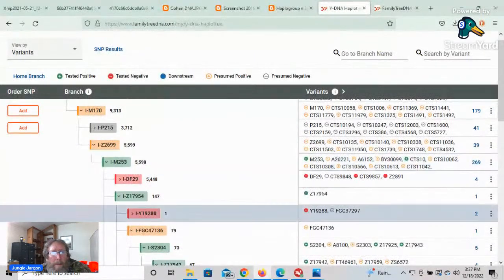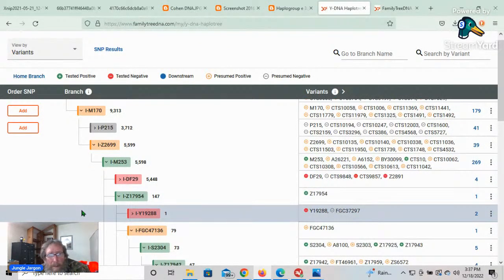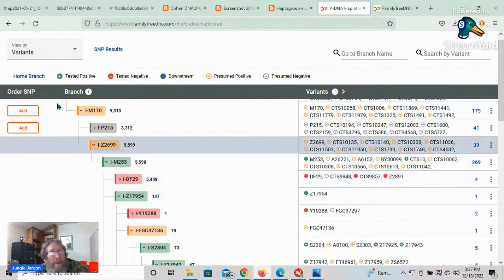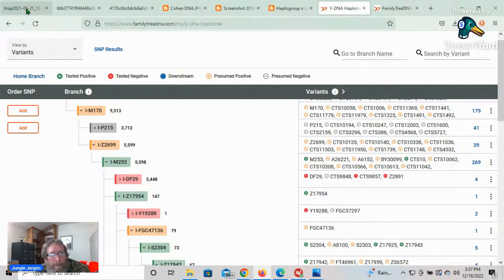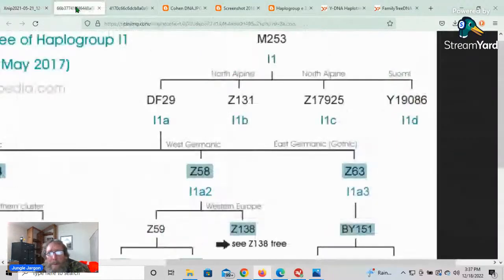And here's the M253, the Z1954, which is over here, right? 954. And there's another group here, Z179.25, Northern Alpine, which is me too.